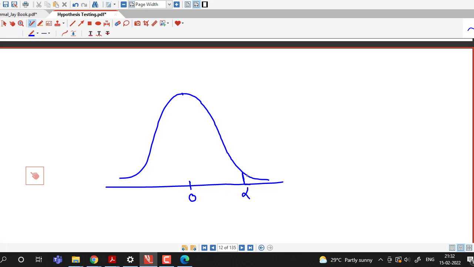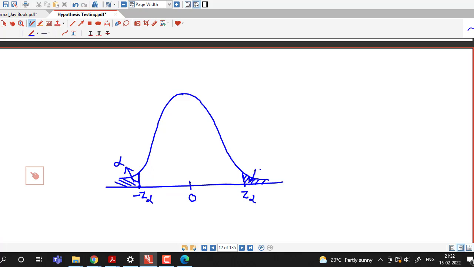So suppose the area covered by this tail is alpha, so that this point is z suffix alpha, and because we are having a less than type alternative hypothesis, we will consider this point, which corresponds to minus z alpha, and this area is also alpha.